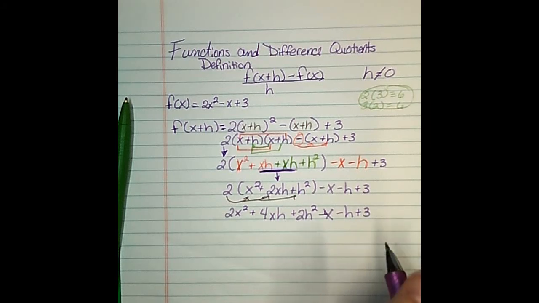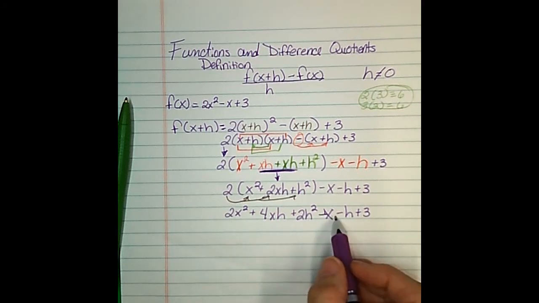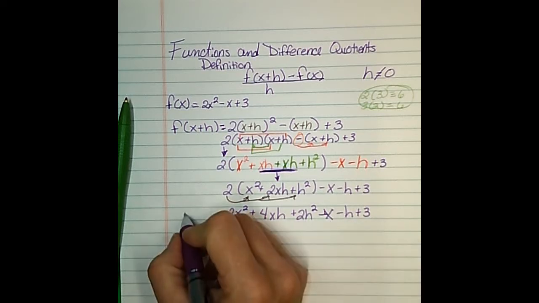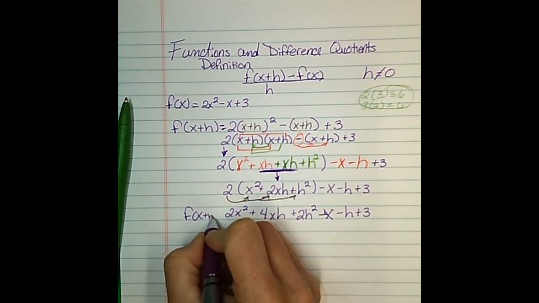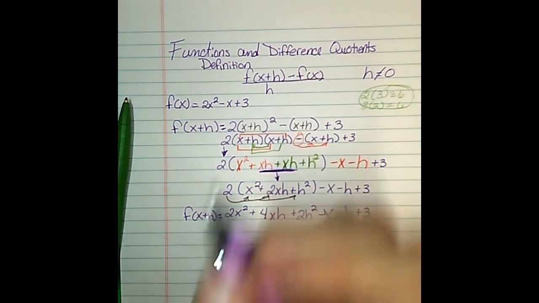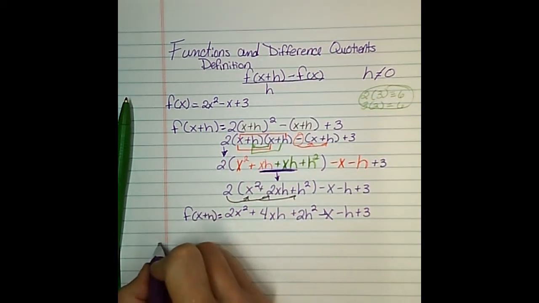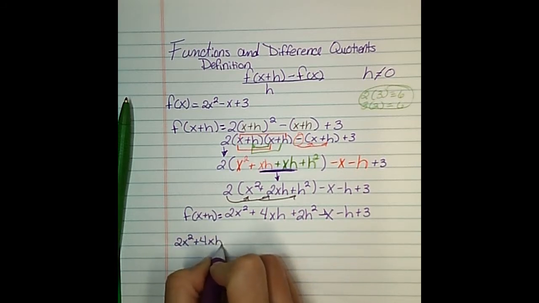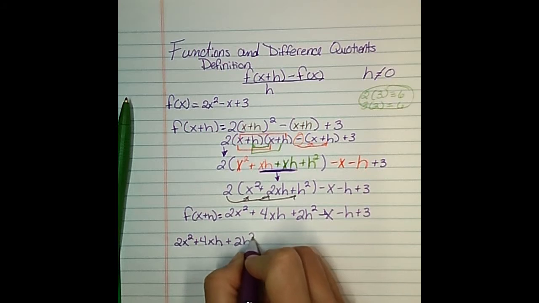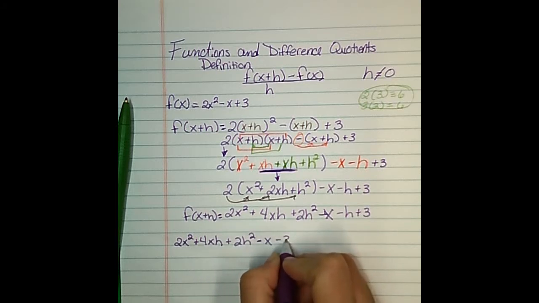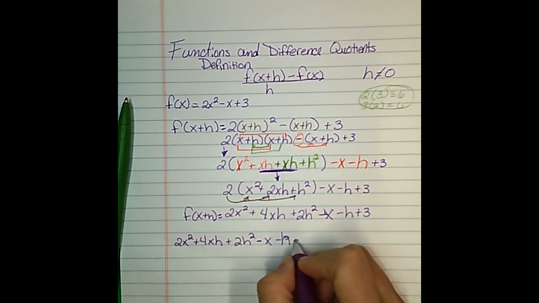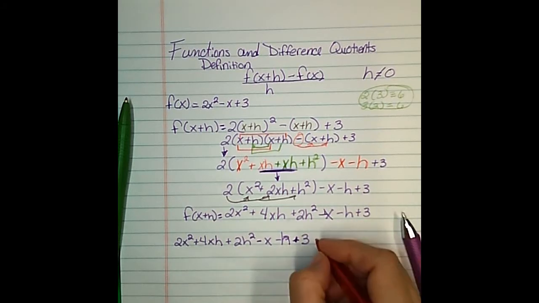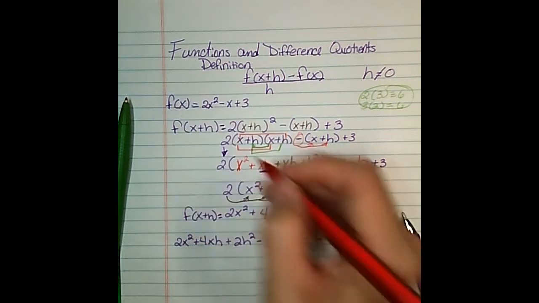And so now we're going to look to see if we have any like terms to combine, and in this case we do not have any like terms. So now that I know what this is, I can go ahead and apply this definition. I have 2x squared plus 4xh plus 2h squared minus x minus h plus 3, and it's going to be minus the original function, the f of x function.